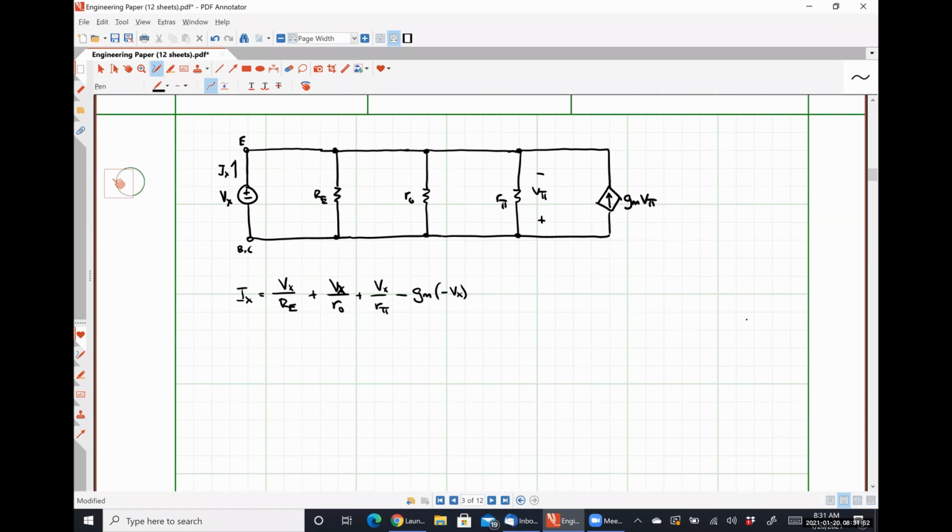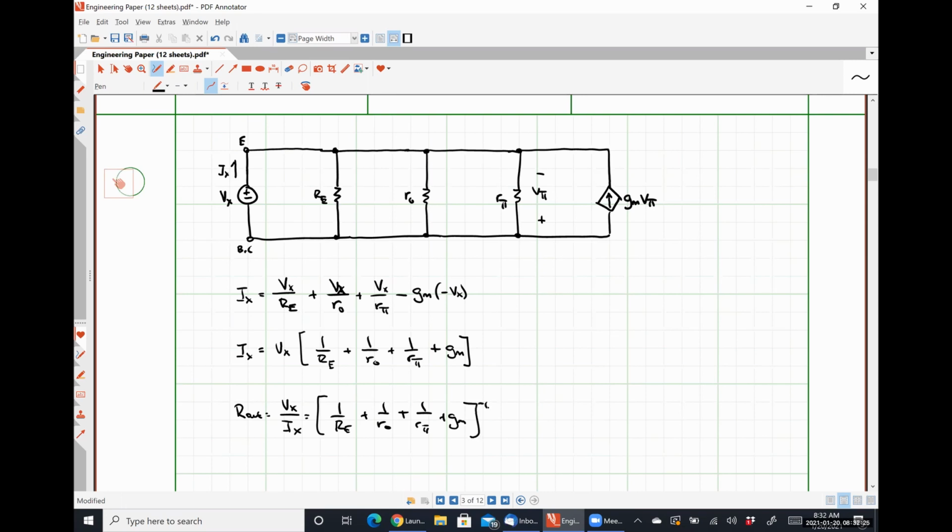So this gives me Ix is equal to Vx multiplied by 1 over Re plus 1 over R naught plus 1 over R pi plus Gm, which means our output resistance Vx over Ix is 1 over Re plus 1 over R naught plus 1 over R pi plus Gm to the minus 1 power. So it looks like 4 resistances in parallel.